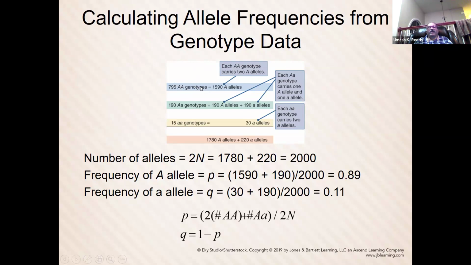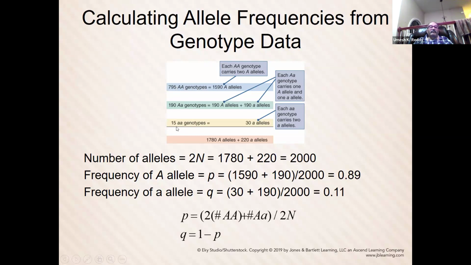So for 795 capital A genotypes, you can do PCR by designing primers for this chemokine receptor and understand how many genotypes are there. Then you will see 1,590 A alleles, because 795 AA genotypes means two dominant alleles each. 2 times 795 is 1590 capital A alleles.